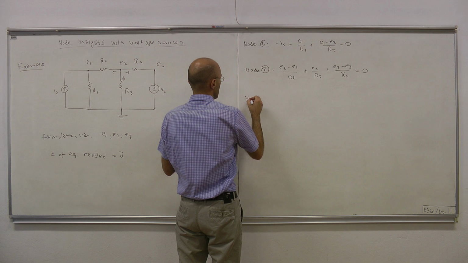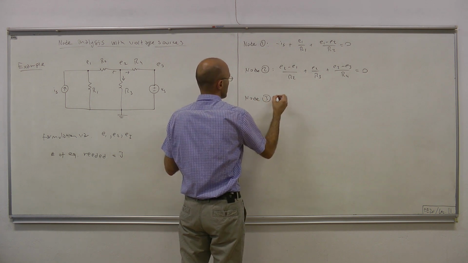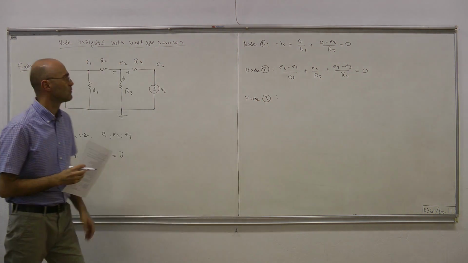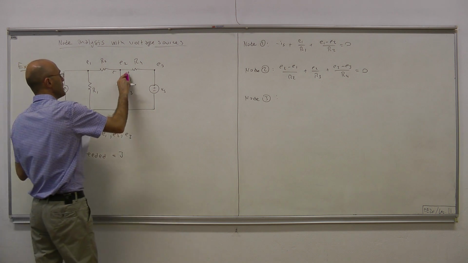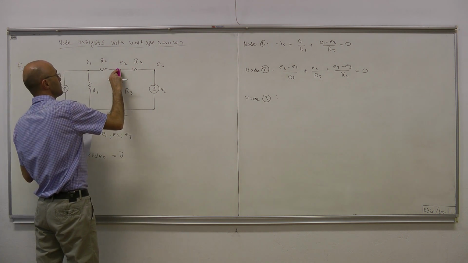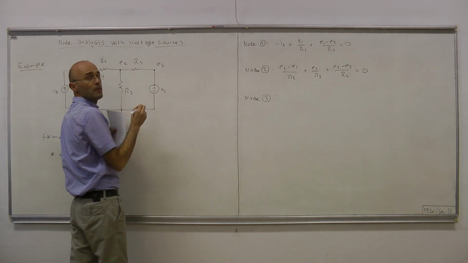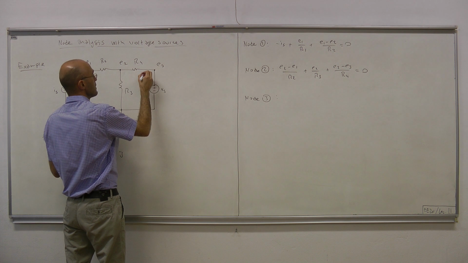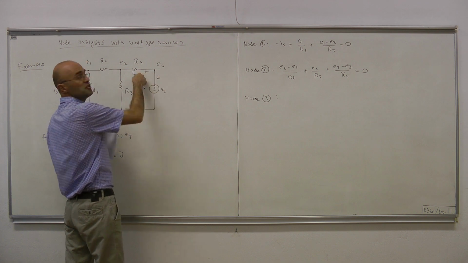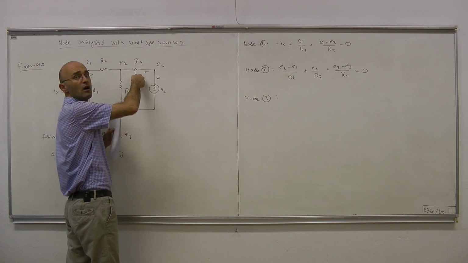And how about node 3? Try to write KCL at node 3, you will run into the following trouble. This is the node, and there are 2 currents associated to it, this current and that current. This current is easy, E3 minus E2 over R4.